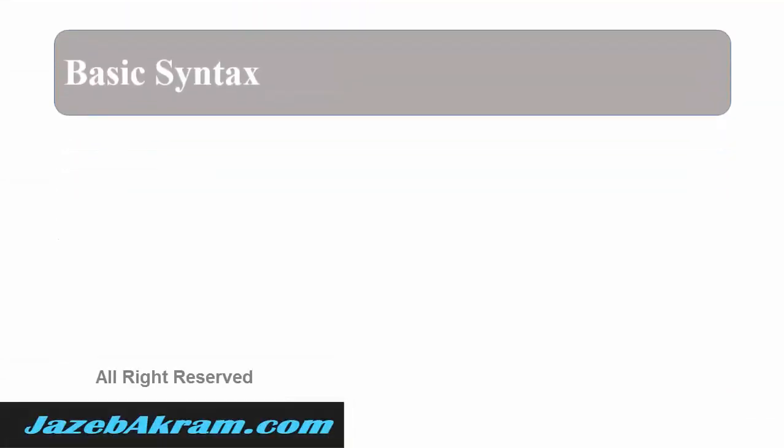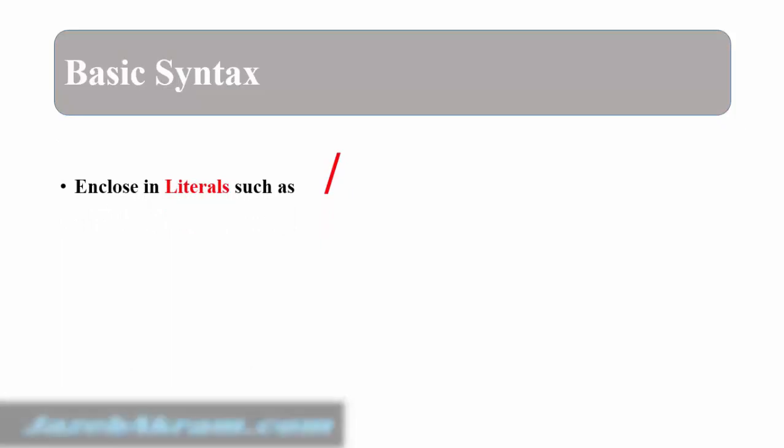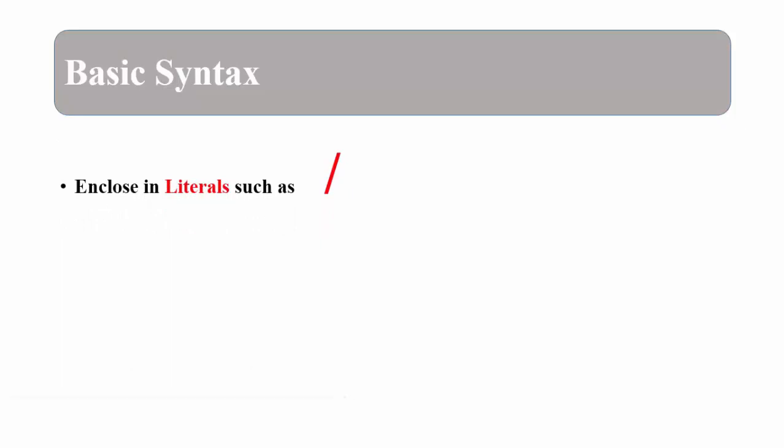The basic syntax of a regular expression is quite easy. All you have to do is enclose your regular expression inside literals such as forward slashes. So your regex will be inside two forward slashes, one at the beginning of your regex and one at the end.